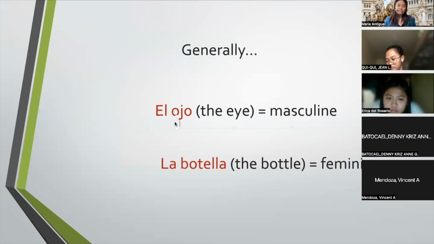So, when we use that in a sentence, el ojo es hermoso. The eye is beautiful. And you want to say, it is beautiful. What are you going to use? Or how can you translate that in Spanish?